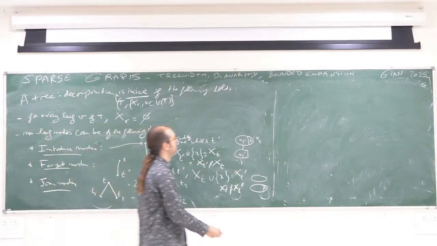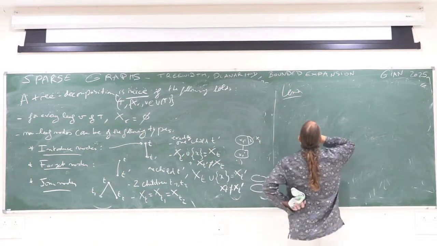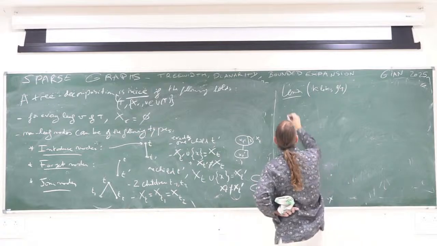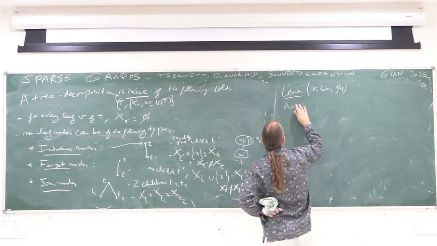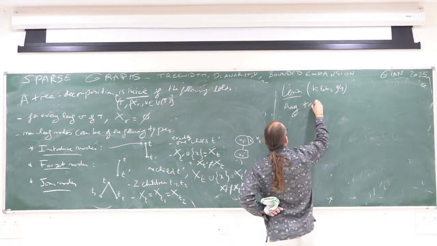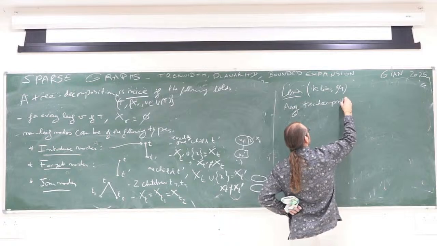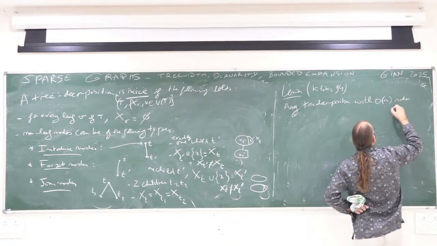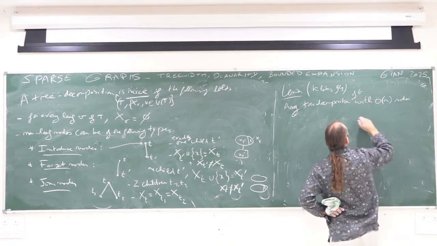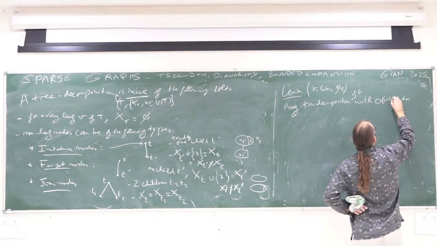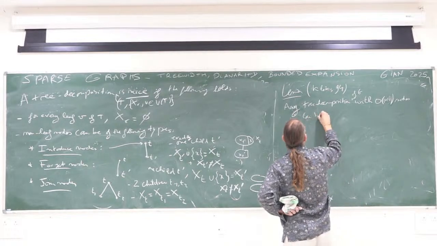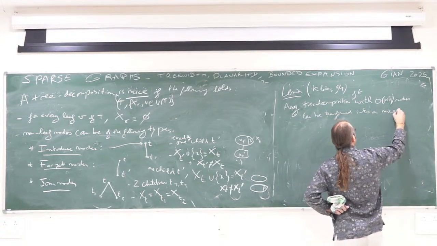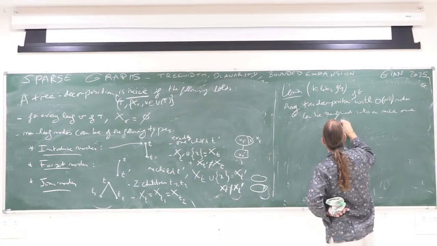So the lemma is, this was introduced by Kloks in '94: any tree decomposition can be transformed into a nice one, same width.